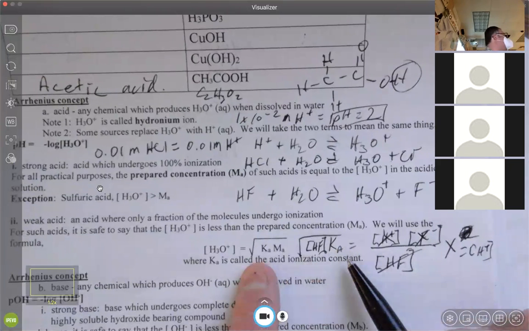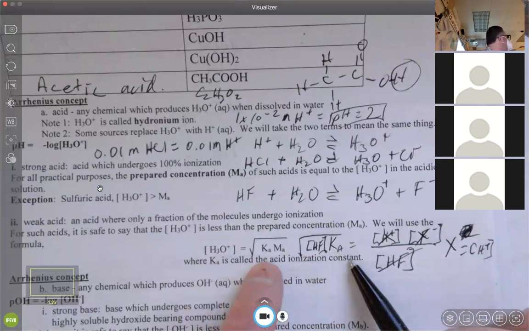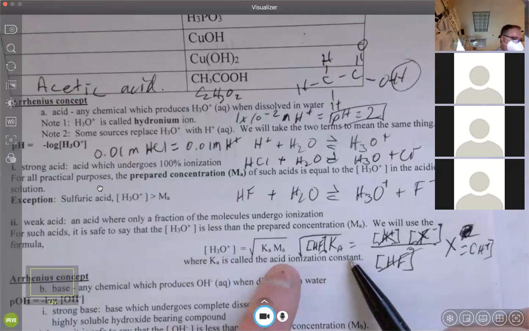The concentration of the hydrogen ion equals the comma, the square root of the comma. Comma, constant, molarity, acid. Comma. I just made it up.